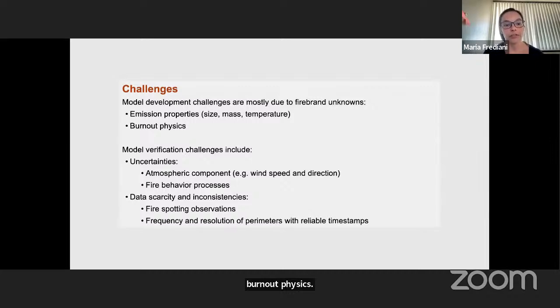And for model verification, challenges include a ton of uncertainties, most of them associated with the atmospheric components that we already know and fire behavior processes, and the data scarcity and inconsistencies across fire spotting observations, and the frequency and resolution of perimeters with their corresponding timestamps. That's all I've got. Thank you.